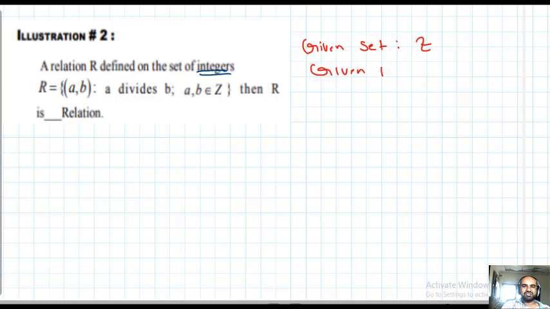Then the relation. a related to b implies a divides b.